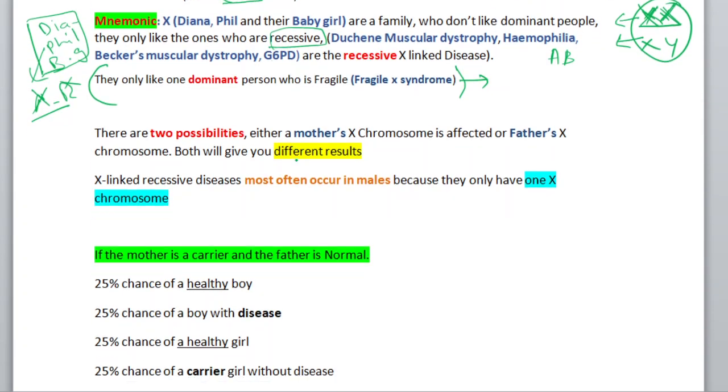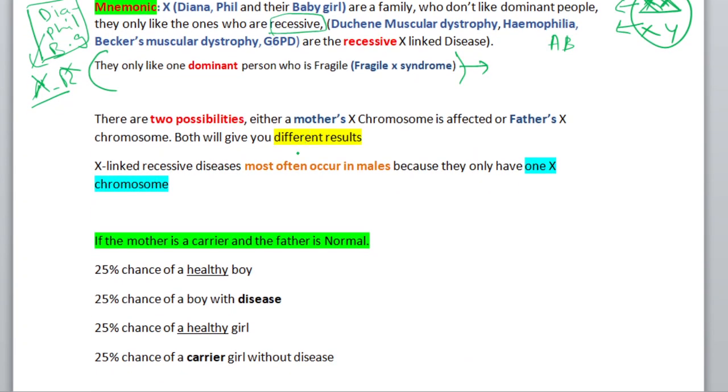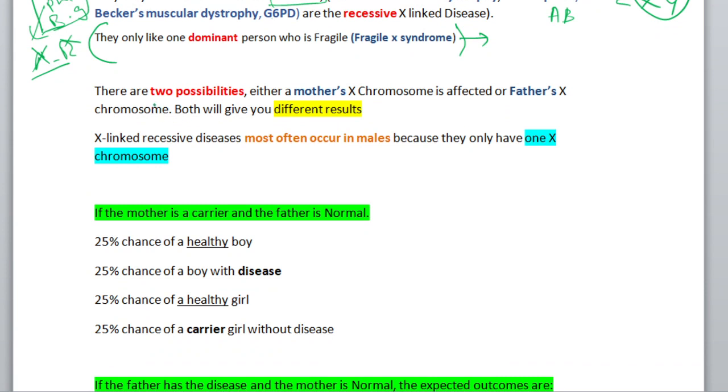Okay, let's move forward. There are basically two possibilities. As I told you, the sex chromosomes could be either XX or XY based on the gender, and these two sexes differ in the syndromes as well. Why did I mention both are different?